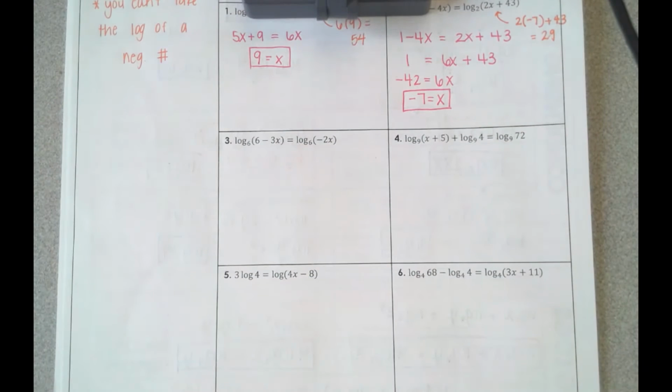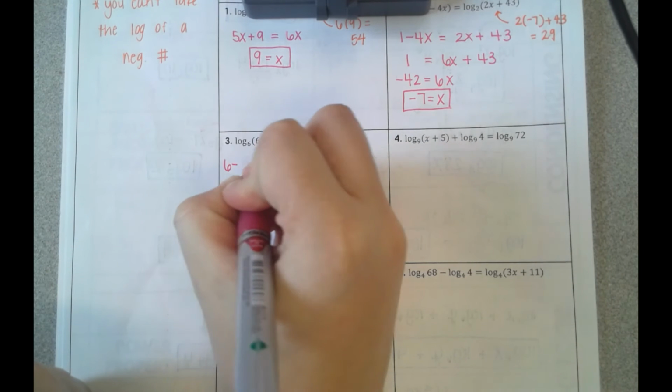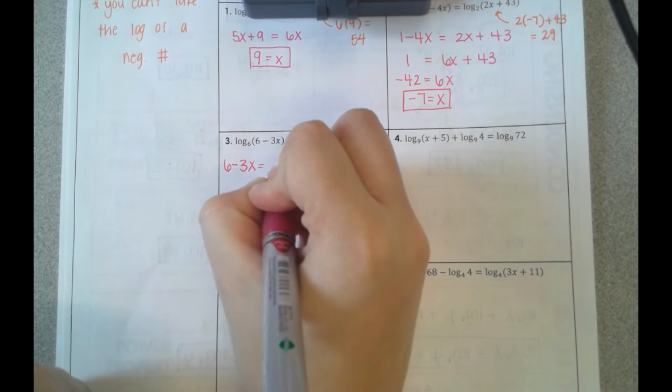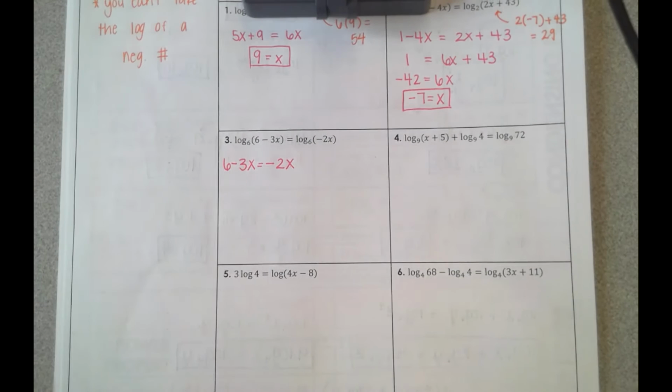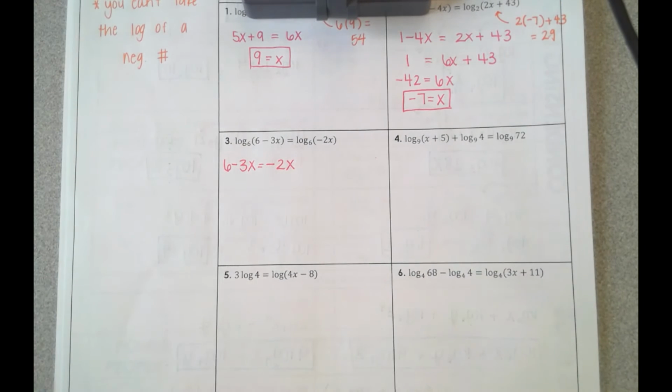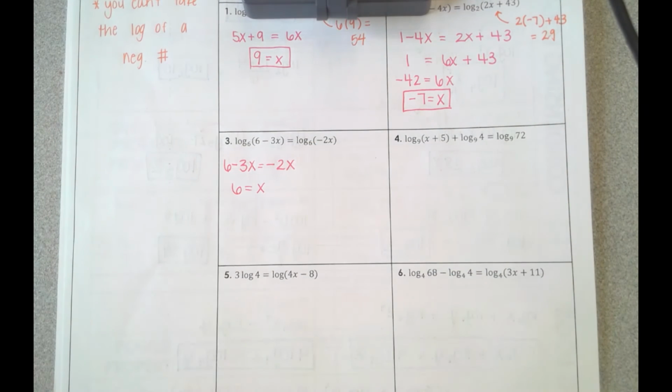Number 3, everything's good. Everything's condensed, one on each side. 6 minus 3x equals negative 2x. If we add 3x, we get 6 equals x.